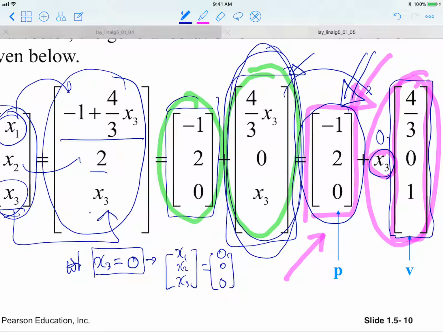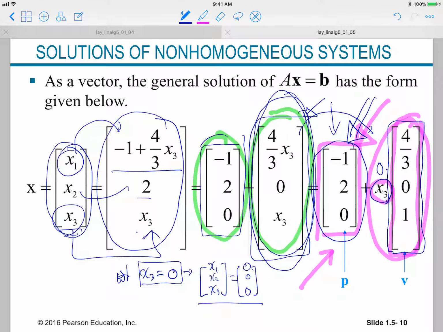Then in this case, what is our solution when we set our free variable as 0? That is simply this one, -1, 2, and 0, which comes from this vector, right?